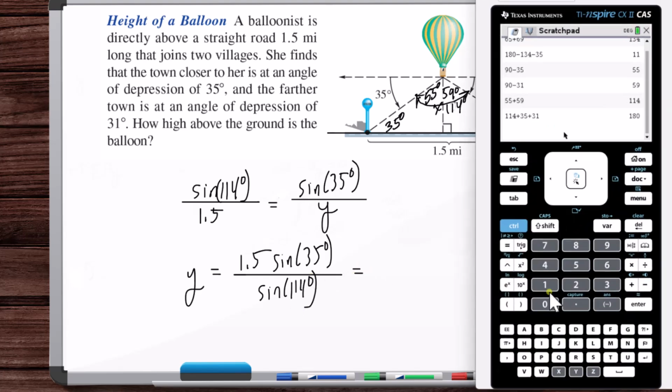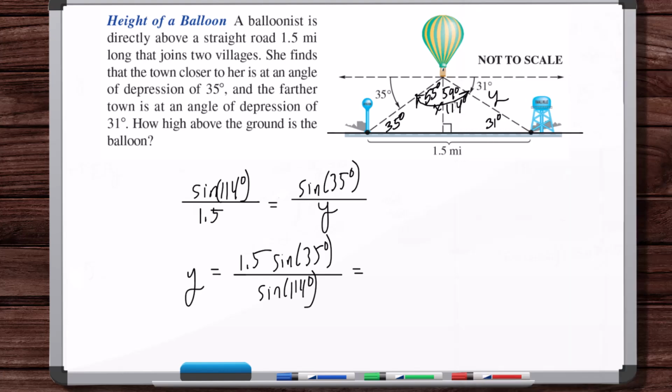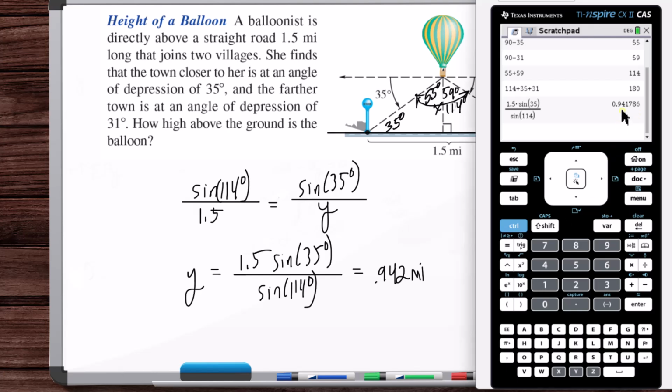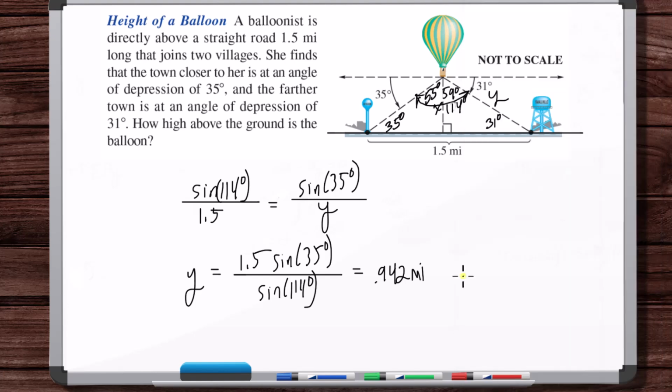So 1.5 times sine of 35 divided by sine of 114 is 0.941786 miles. So I'll just write 0.942 miles. But to conserve all these decimal points, I'll pull from this value when we do the upcoming calculations.